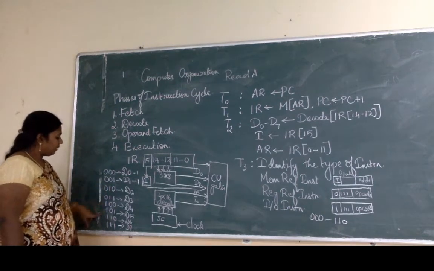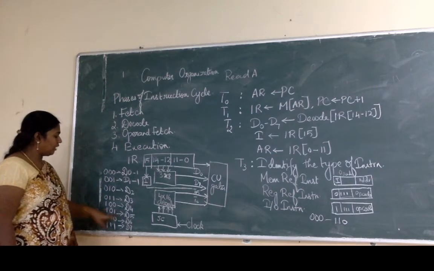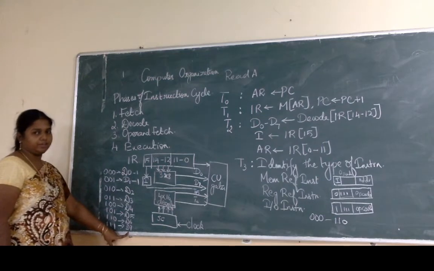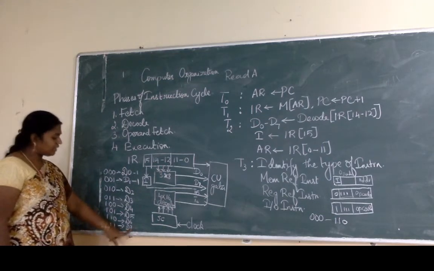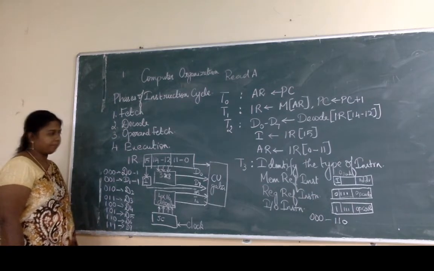For the bits 1, 0, 1, D5 is made high, for the bits 1, 1, 0, D6 is made high, and for the bits 1, 1, 1, D7 is made high. So D7 is high only when all three bits are 1.